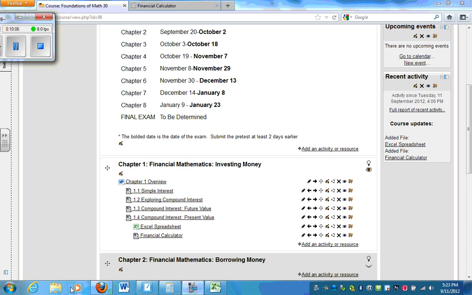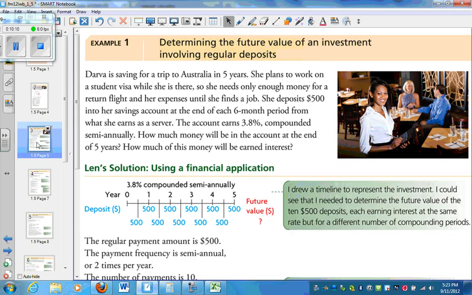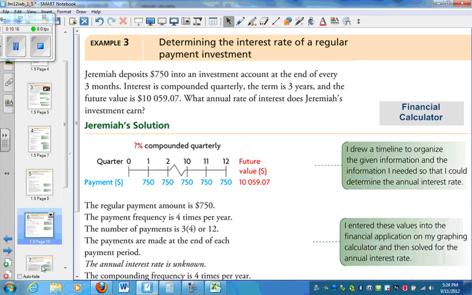Okay. There are questions where there's a difference. I want to find an example. So here they deposit 750 at the end of every 3 months, but interest is quarterly. So be very careful there. Those are the questions that are going to trick you.